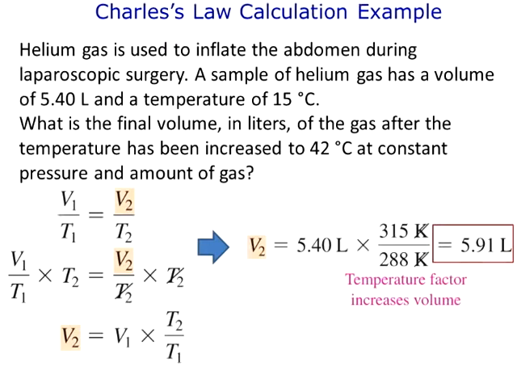So when I see constant pressure, even if it told me what that pressure was, I don't care. And I see constant amount of gas, even if they told me the amount of gas, I don't care. Because I am using Charles's law and I only care about volume and temperature. And that temperature must be in K. So we set up the equation for Charles's law with V1 over T1 equals V2 over T2.